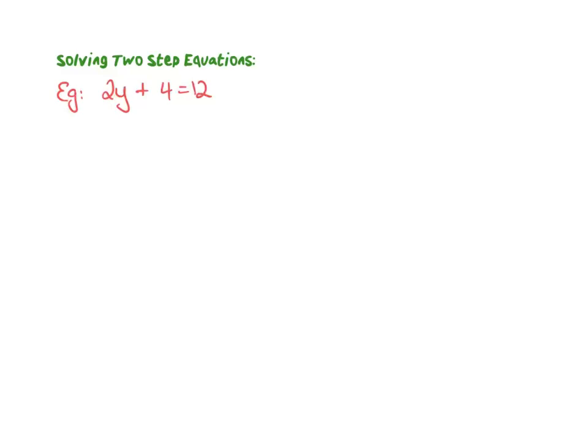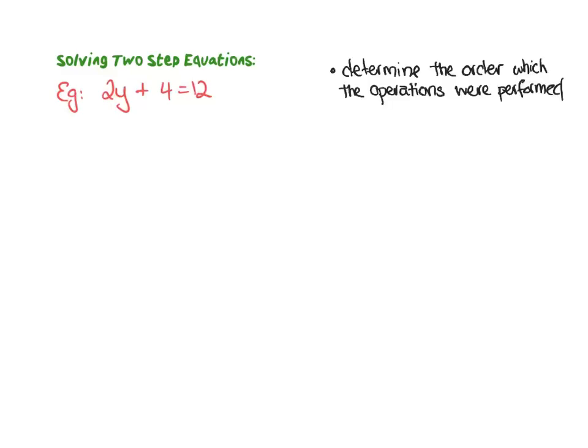Okay, when solving two-step equations, we've had a couple of things happen to the pronumeral, the y. We need to determine what's happened first, and then we work backwards. If we look at this example, the y was multiplied by 2 first, and then 4 was added to it, that was the second thing, and we let it equal 12.